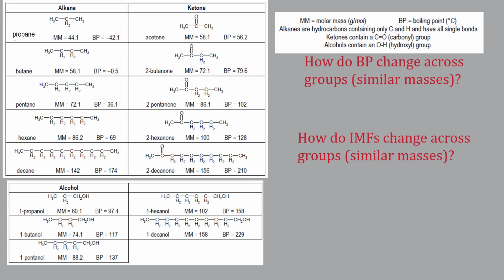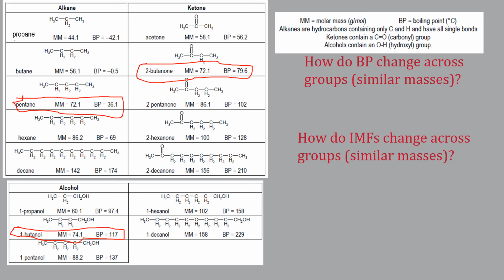So for example, we could do pentane over here. And let's see, that has a molar mass of about 72, as does 2-butanone. And if we're looking down here at the alcohols, 1-butanol here clocks in with a molar mass of about 74.1, and that's close enough.